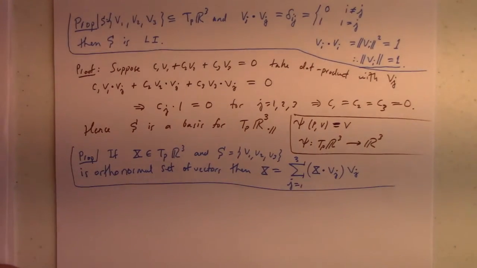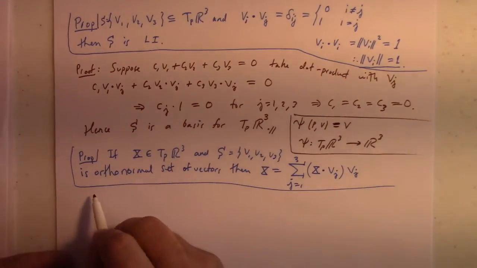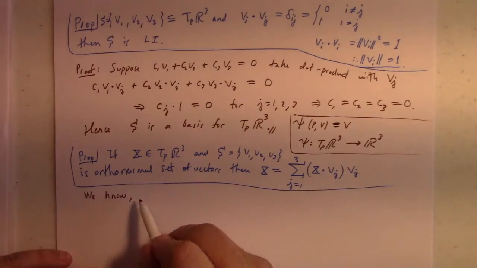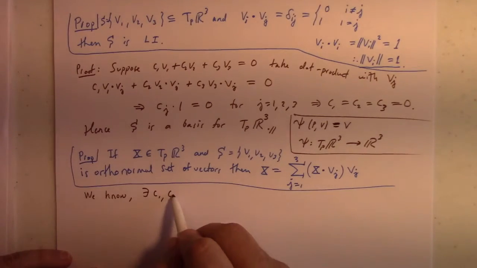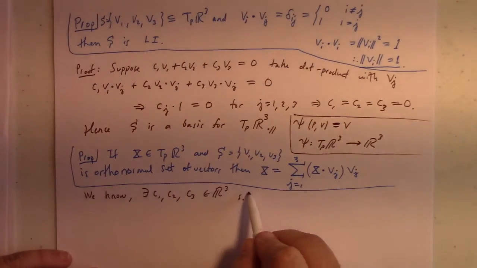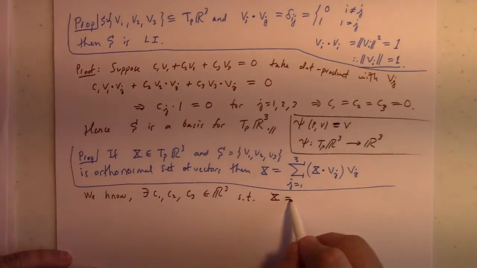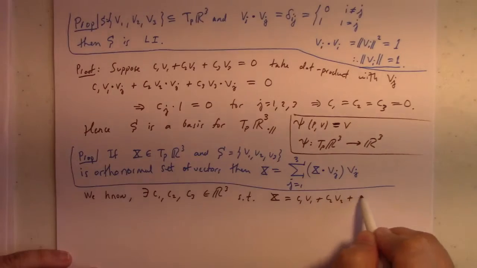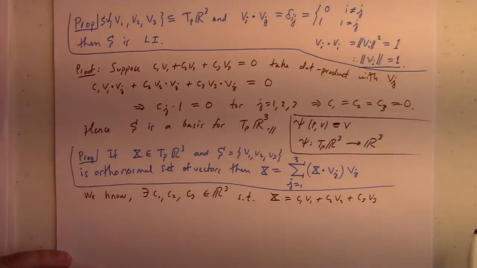We already know that S is a spanning set, so we know from our previous proposition and discussion that there exist C1, C2, C3 in R such that X is equal to C1 V1 plus C2 V2 plus C3 V3.